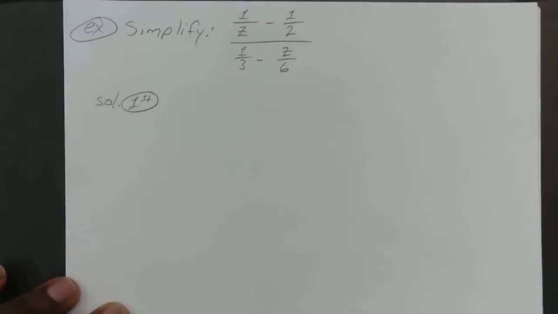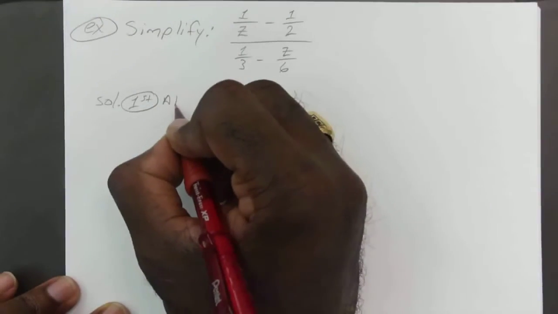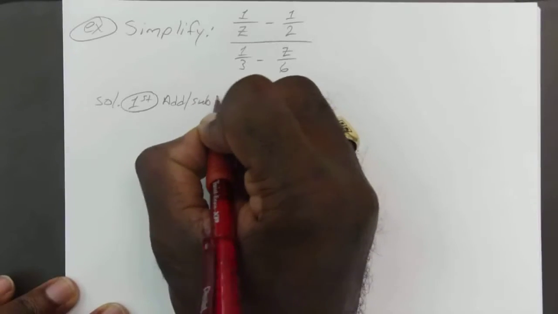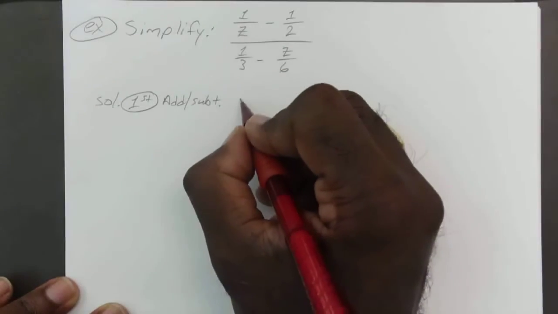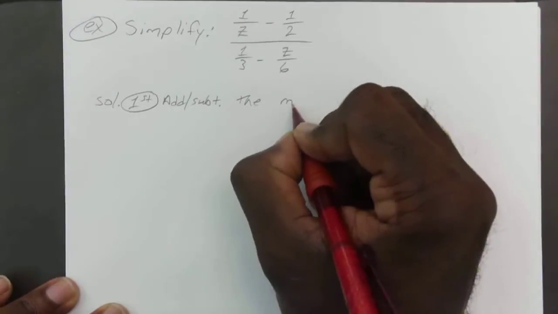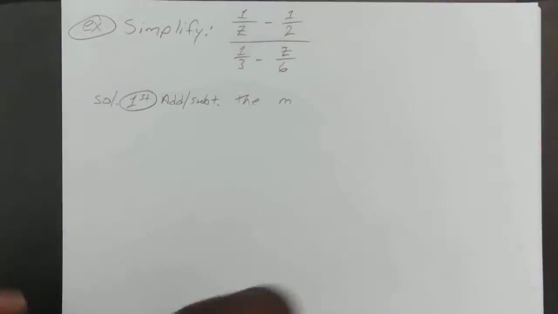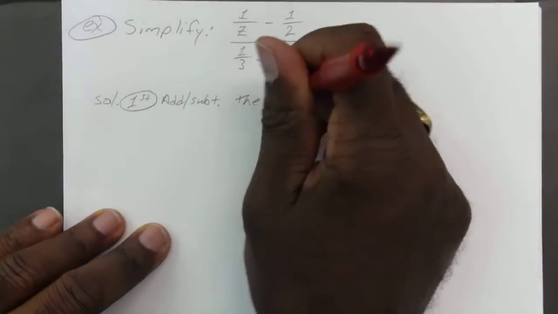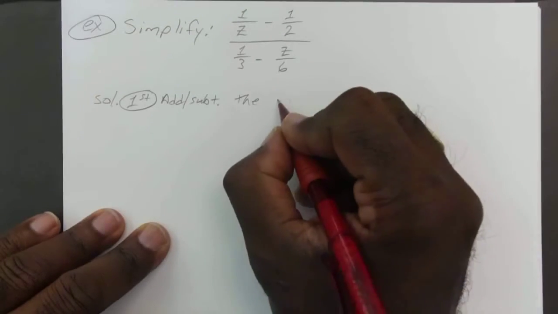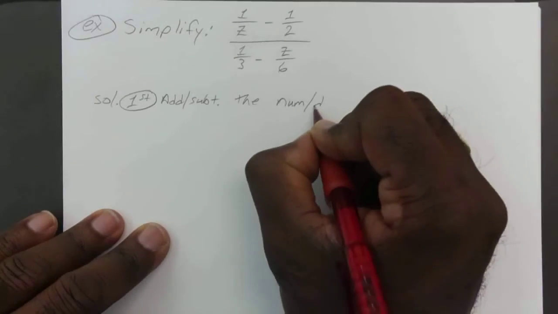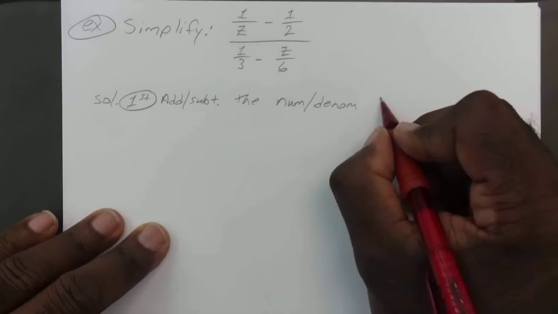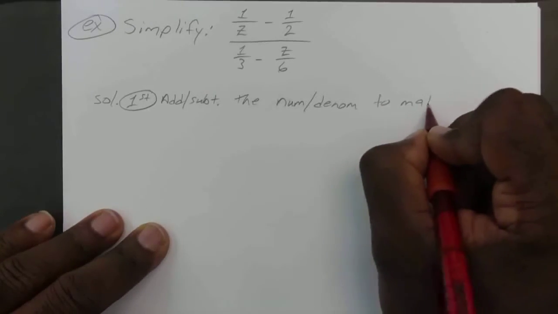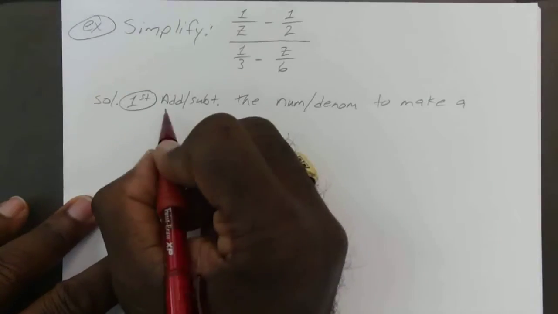So your first step is, in this case, subtract, but add or subtract the numerator or denominator to make a single fraction.